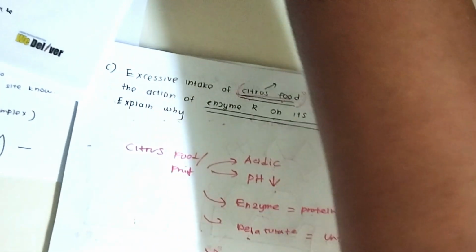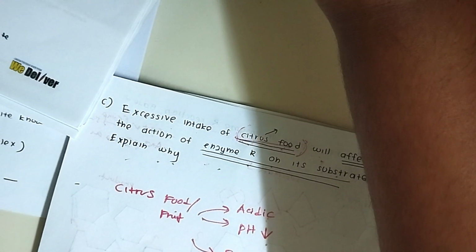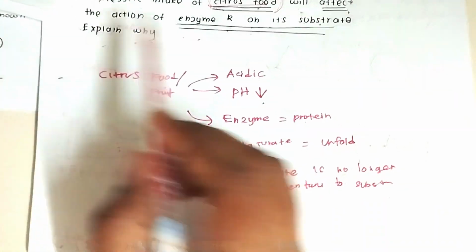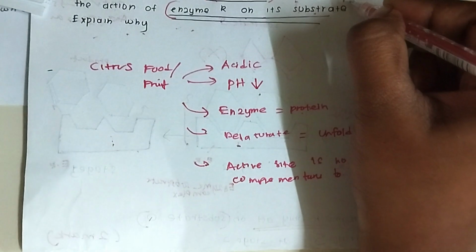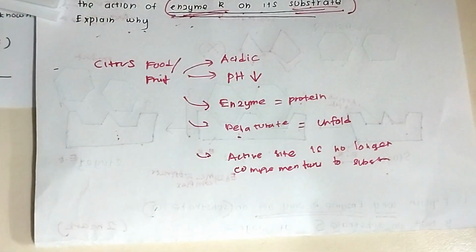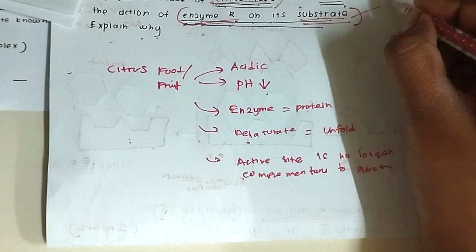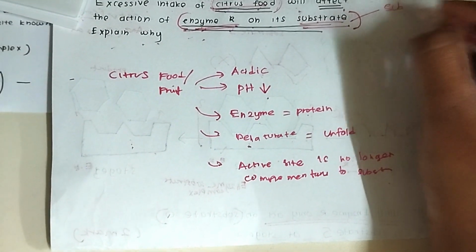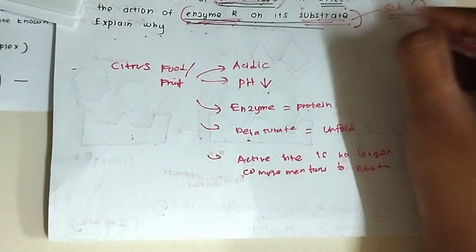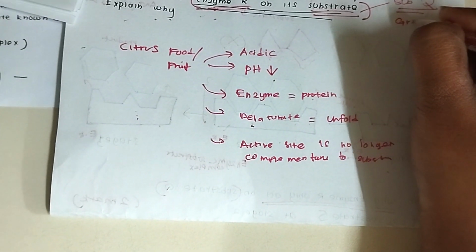Here you have to see citrus food or fruit. They say citrus food will affect the action of enzyme R on substrate. It could be any substrate, but now we are specifically on substrate Q, which was in green color. And why?